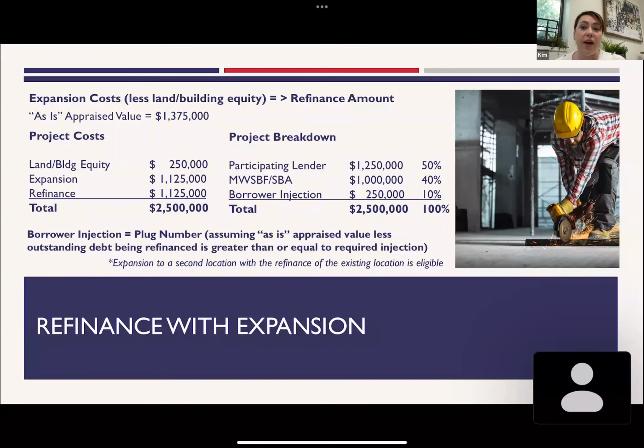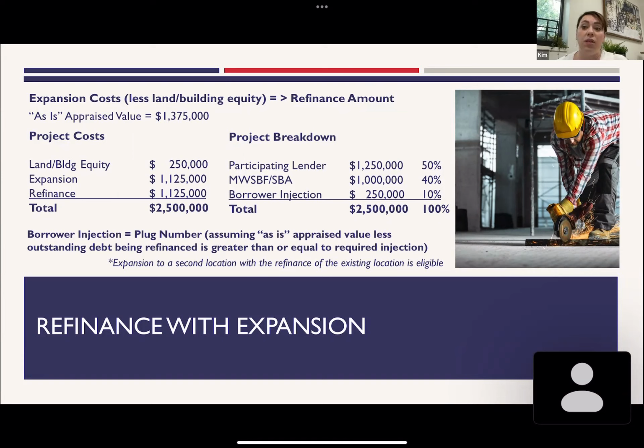The as-is appraised value is 1.375. So we've got the expansion costs, we've got the refinance amount, and the equity. And again, the refinance with expansion is a great tool and can even be used if they're expanding to a second location. So they can refinance an existing location and do that expansion to the second location and bring that in and lower their down payment because they can use that equity.